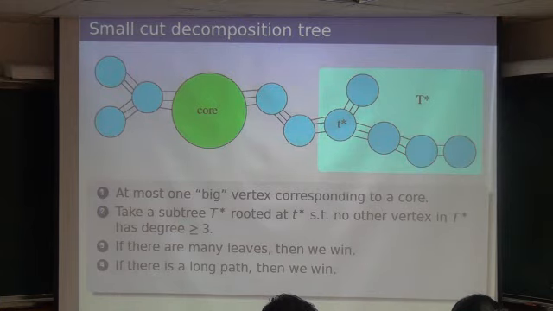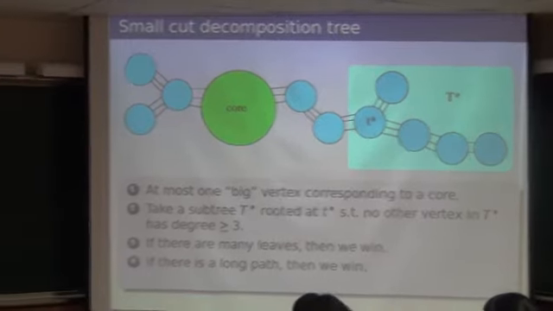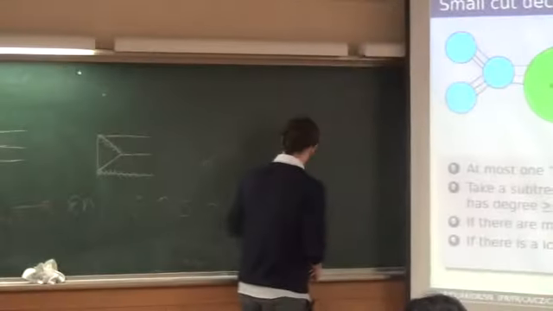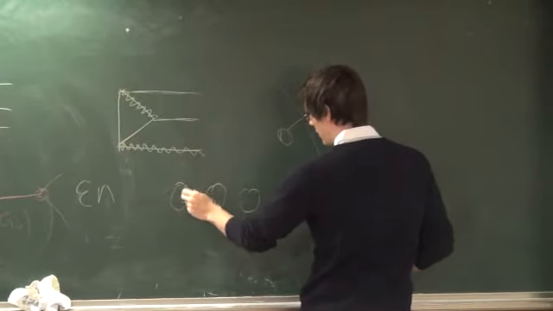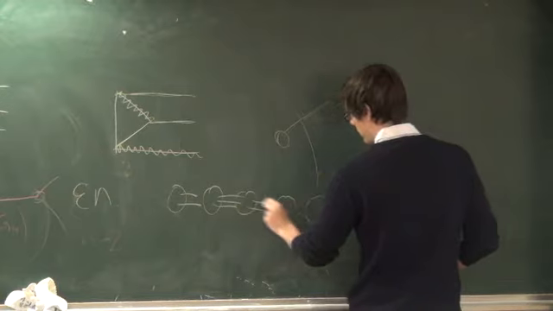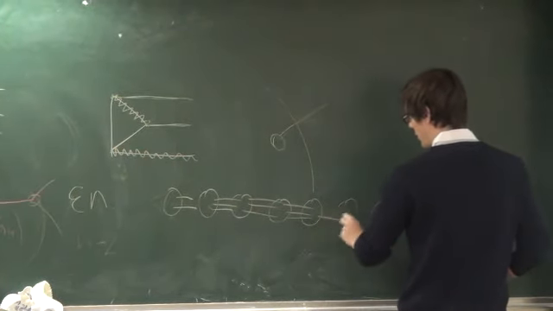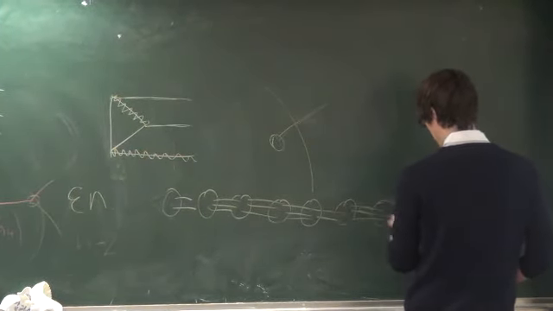So what you want to do is say, well, we have all these nodes in the path. This is a leaf. Some of these are going to be 3 cuts, and some of these are going to be 2 cuts.